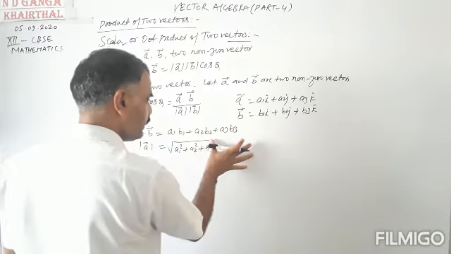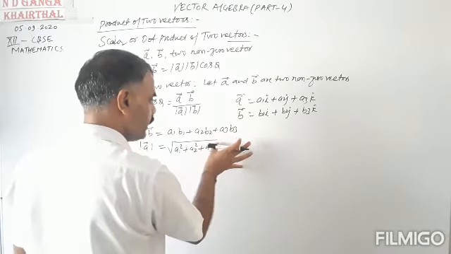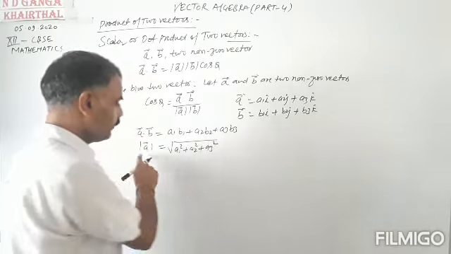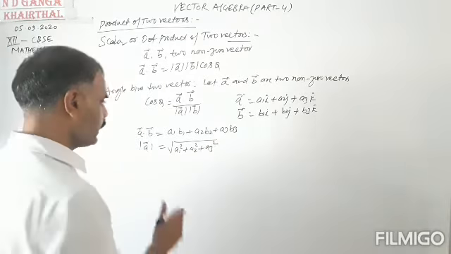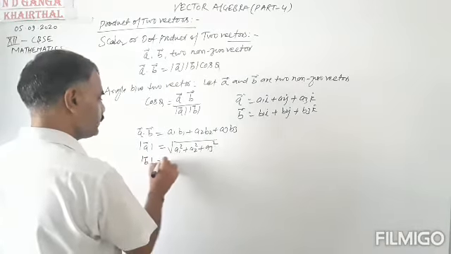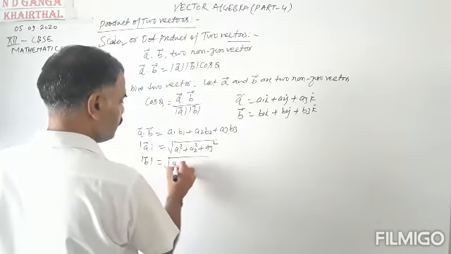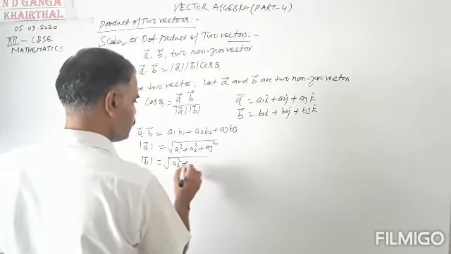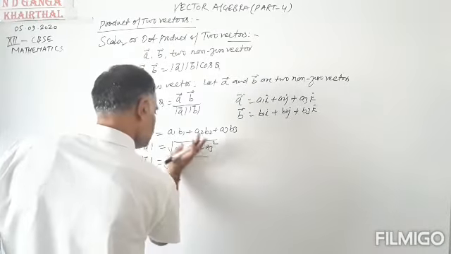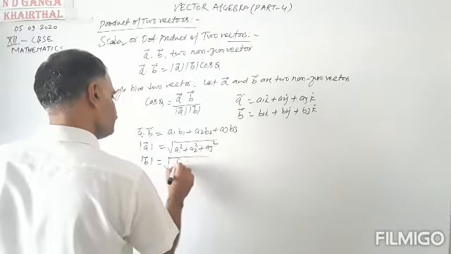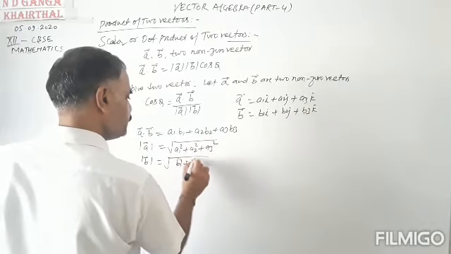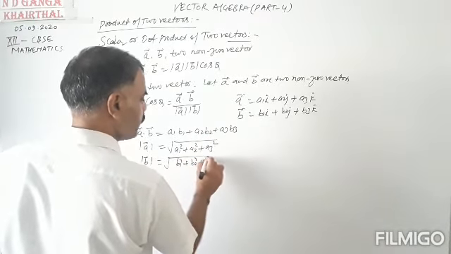We have already discussed this modulus of a vector. Again, the modulus of b vector equals under root b1 square plus b2 square plus b3 square.